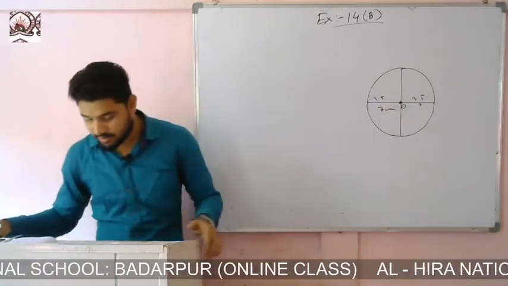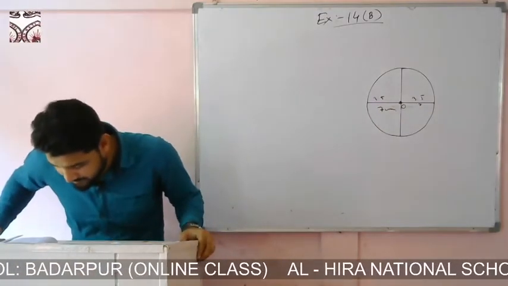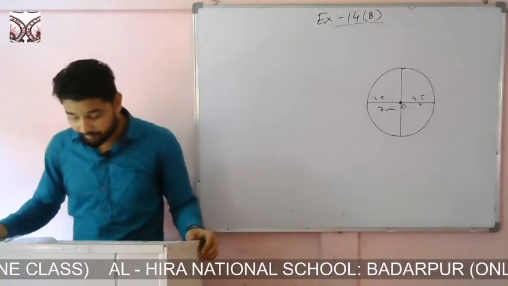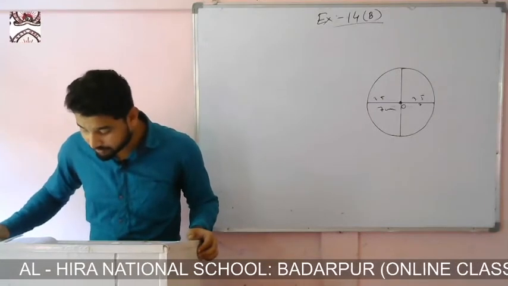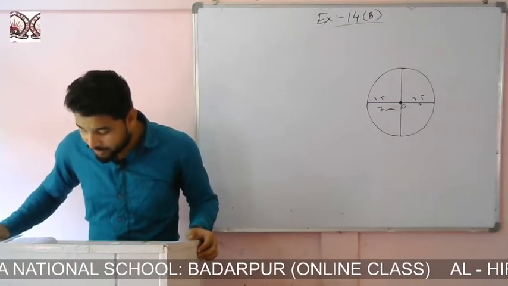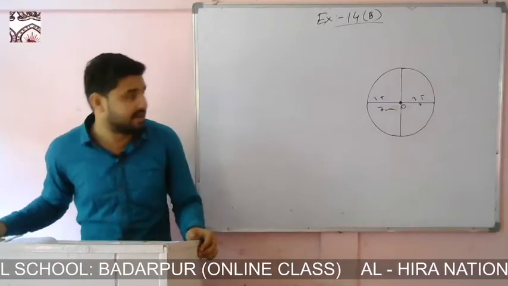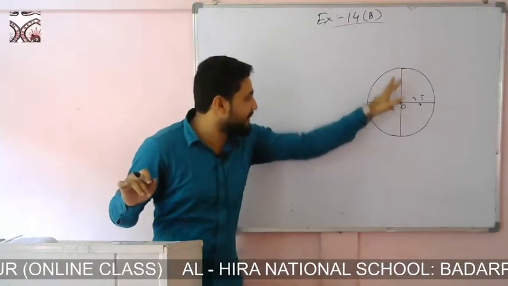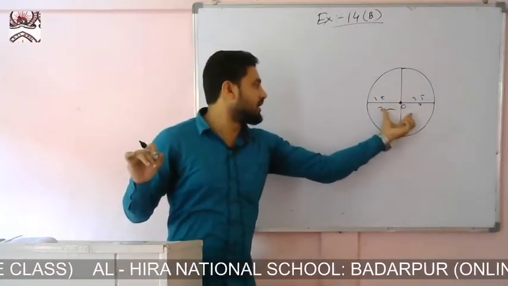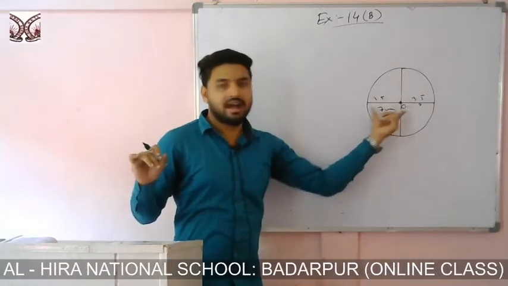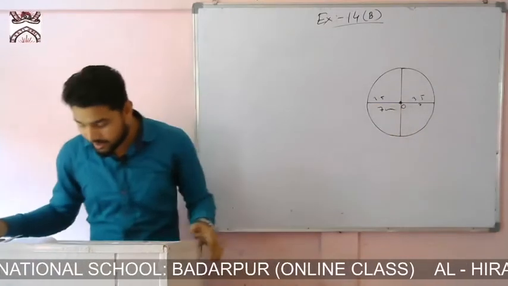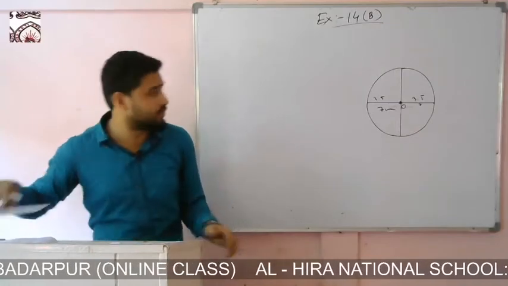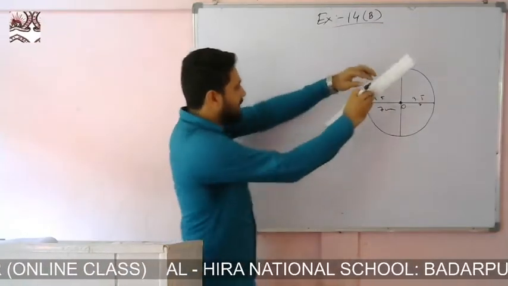Now draw another diameter perpendicular to the first diameter. This is the first diameter, and this diameter is perpendicular to the first diameter. What figure is formed by joining the ends of these diameters? Now we have to join the ends of this diameter. Let us join.